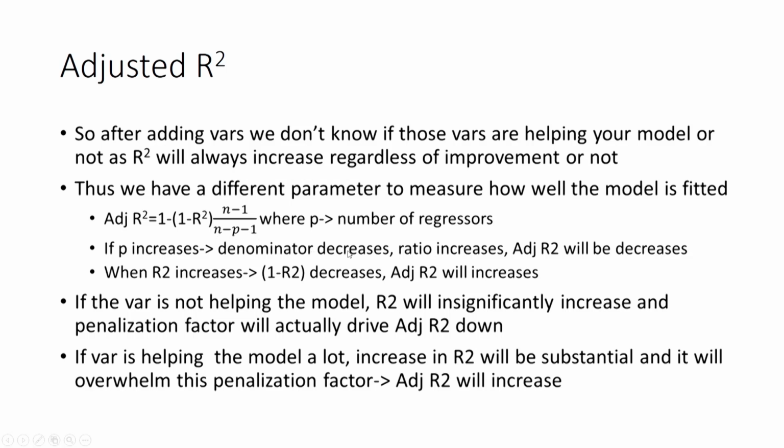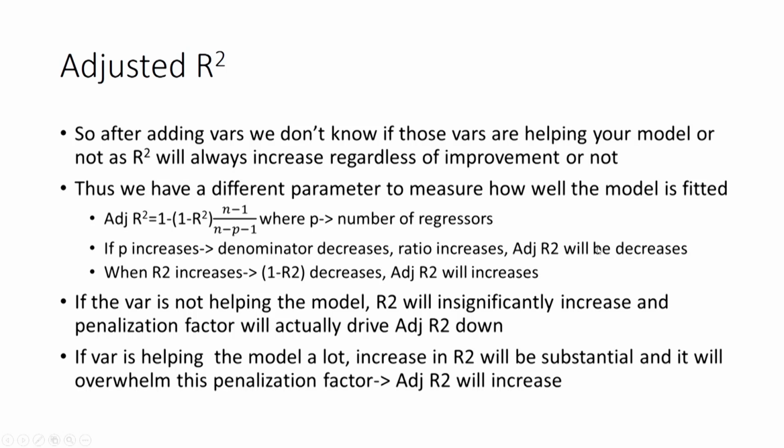Then this ratio, n minus 1 divided by n minus p minus 1, will increase, and since this ratio will increase, adjusted R square will decrease. So, if we are adding any new independent variable in our model, our new metric adjusted R square will decrease because we are adding it.